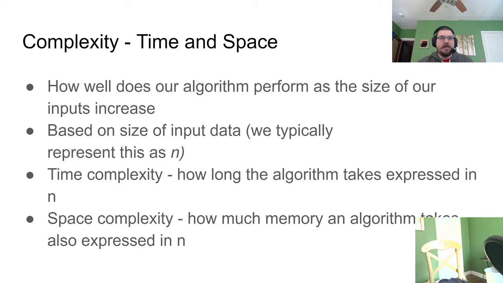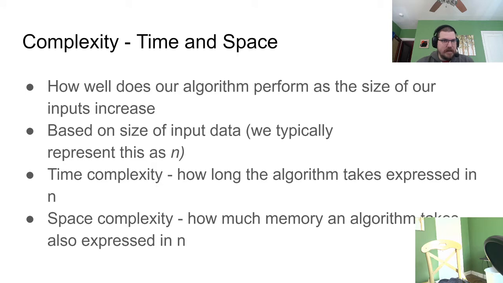But for our purposes, we're going to be talking about things in terms of n, which is how much stuff is in our data structure at any given time, or how many things have been added and removed. If we're talking about inserting 100 things and removing 100 things, then our n is 200 because that's 200 operations. So you can think of it as how much data is being moved around.